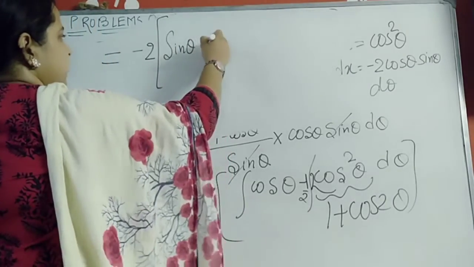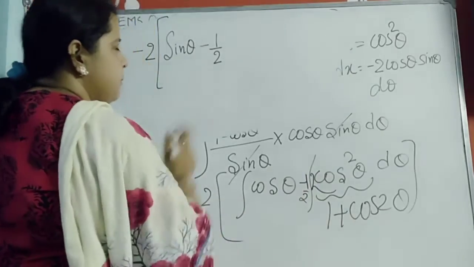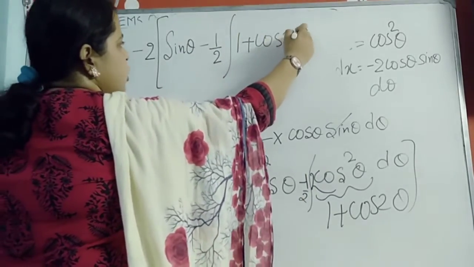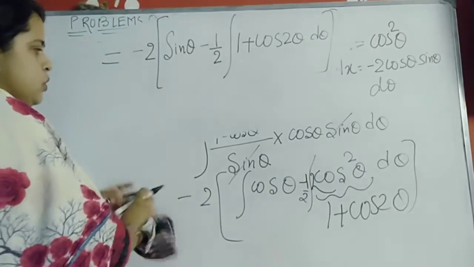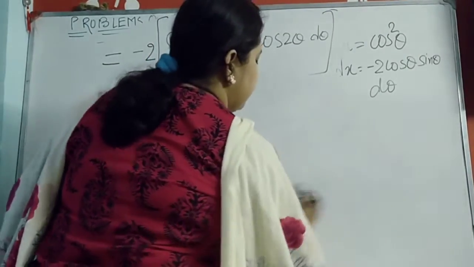So now I am getting 1 plus cos 2 theta. So I am writing the same here: 1 plus cos 2 theta and a d theta here, and please close all the brackets. So I am erasing this, this part is over.